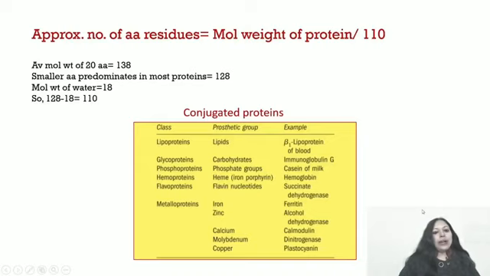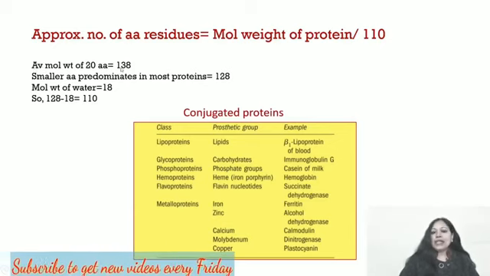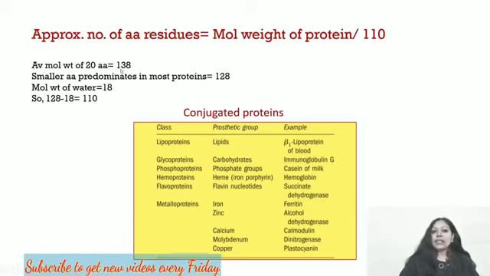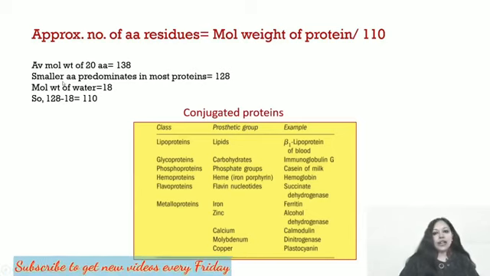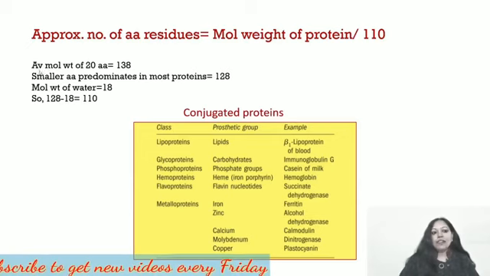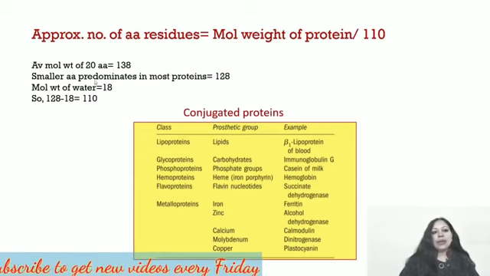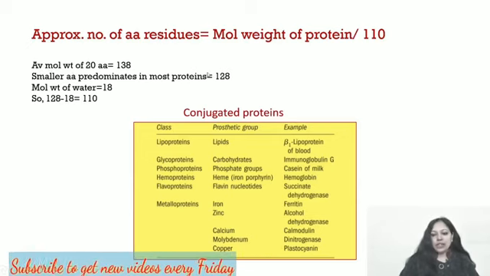By knowing the molecular weight of a protein, you can calculate the approximate number of amino acid residues it contains. The average molecular weight of the 20 amino acids is around 138, but since most proteins contain smaller amino acids, the average molecular weight of the amino acids would be 128.